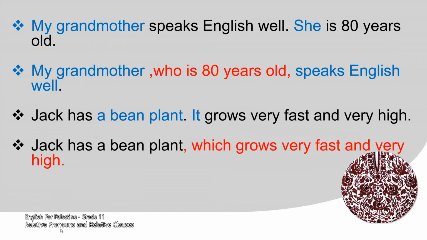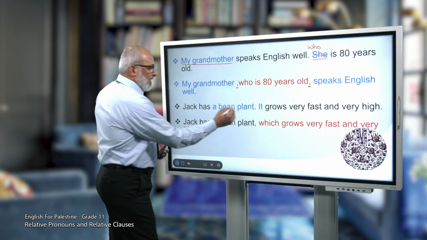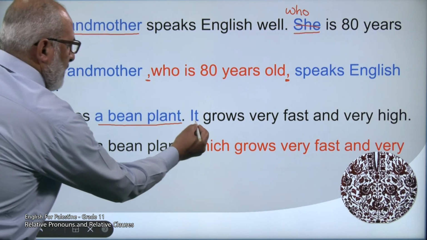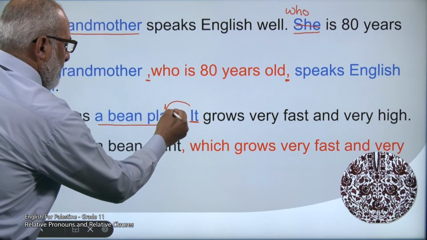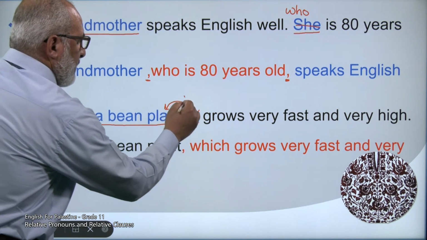Okay, let's now move to the second example. Jack has a bean plant. It grows very fast and very high. Here, it refers to the plant. We omit it and we put which.